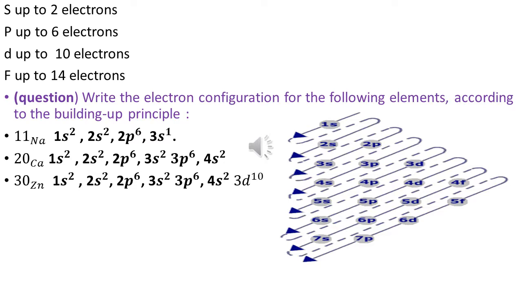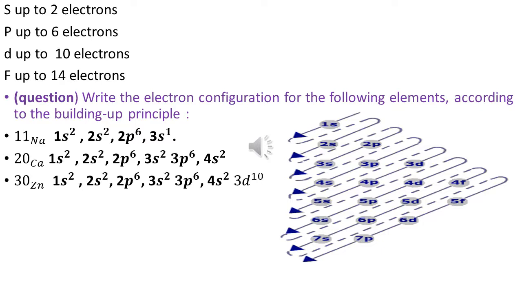S has just one orbital, so the capacity is 1 times 2, so S contains 2 electrons. P has 3 orbitals, so the electron capacity equals 6. D has 5 orbitals, so the number of electrons equals 10. F contains 7 orbitals, so the electron capacity equals 14 electrons.